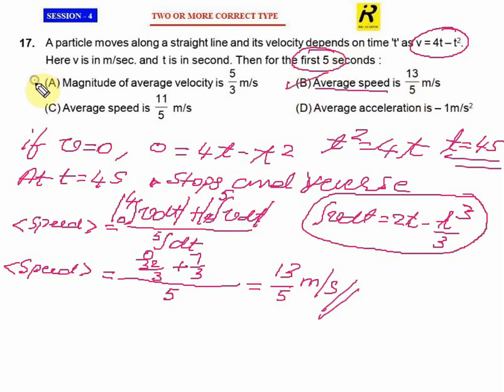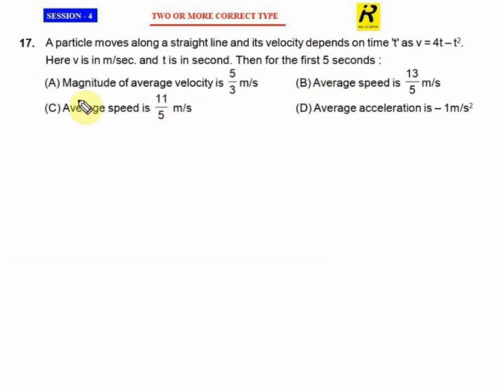In my previous calculation I found option A correct, and now I found option B is also correct. So let me check option C whether it is correct or not. We already came to know A and B are correct. So now I am checking this one.